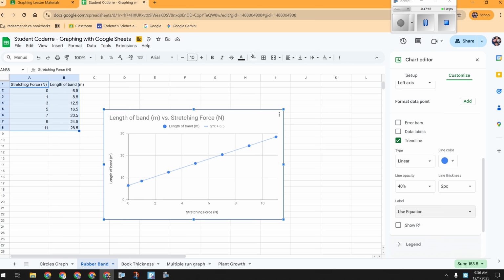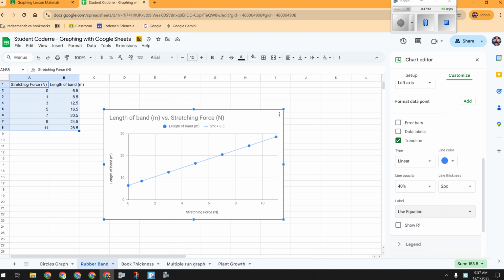So for every 2 meters longer the rubber band is going to get, I will need to apply how much force? It's in meters per Newton. So if I want to go 2 more meters, I'm going to have to apply 1 Newton of force. The slope is 2 meters per Newton.